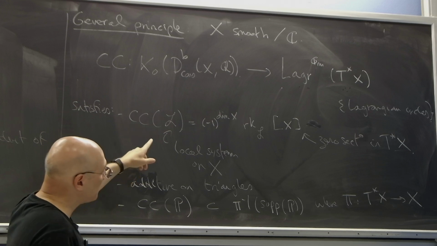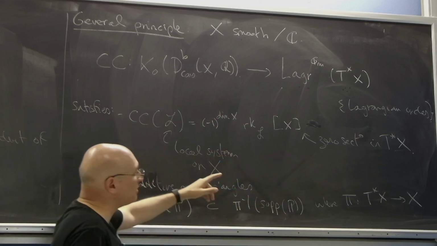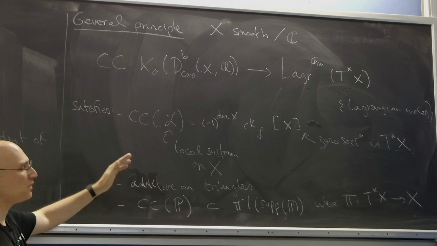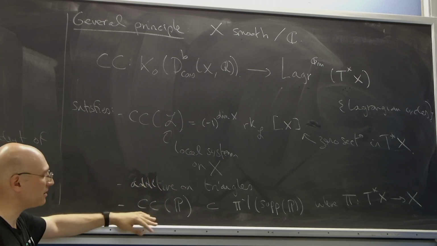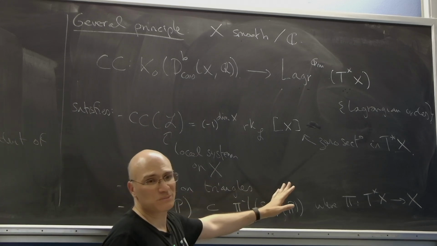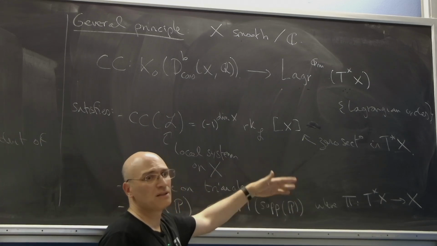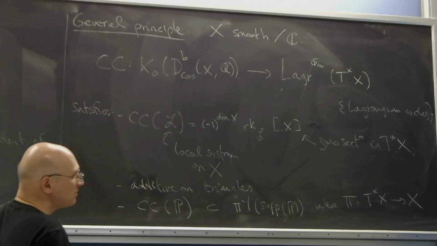And the characteristic cycle that you will get will be a linear combination of the classes of the conormal bundles to these various strata, with some coefficient which depends on the restriction of your perverse sheaf along these strata.